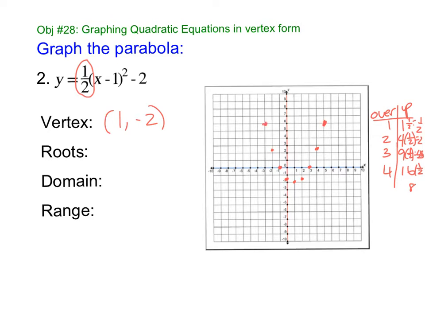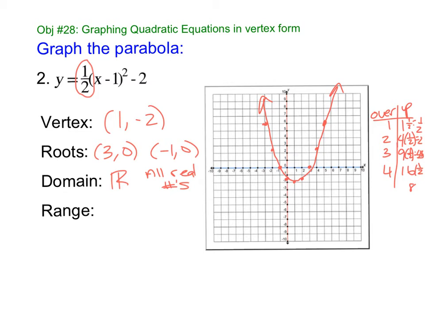So notice this graph, it's a little wider, right? It's not as skinny. I have my nice roots, 3 and -1. So 3, 0, -1, 0. Domain is all real numbers. Because you can plug anything into a parabola.